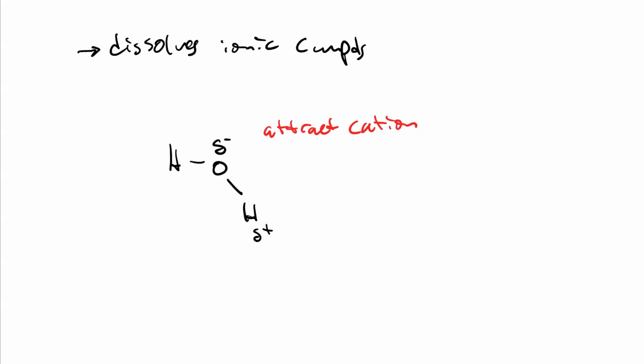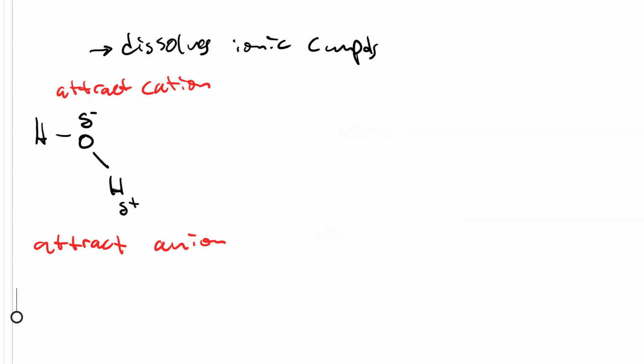Because opposites attract. The positive can attract an anion. So let's say we make our cation look like this, a filled circle. And our anion is a larger empty circle, right? Because cations are smaller than the atoms that they came from, and anions are larger.